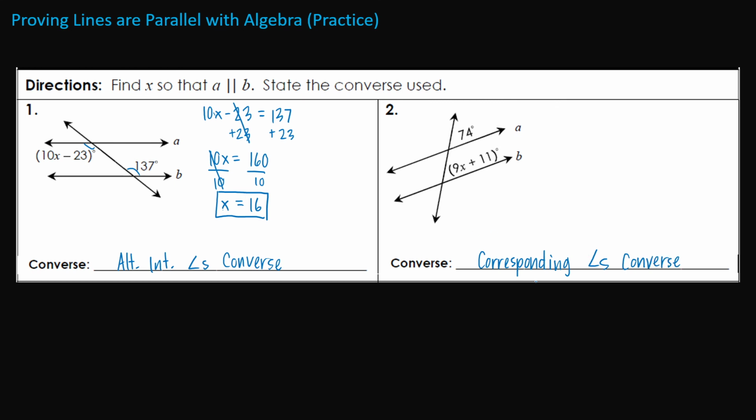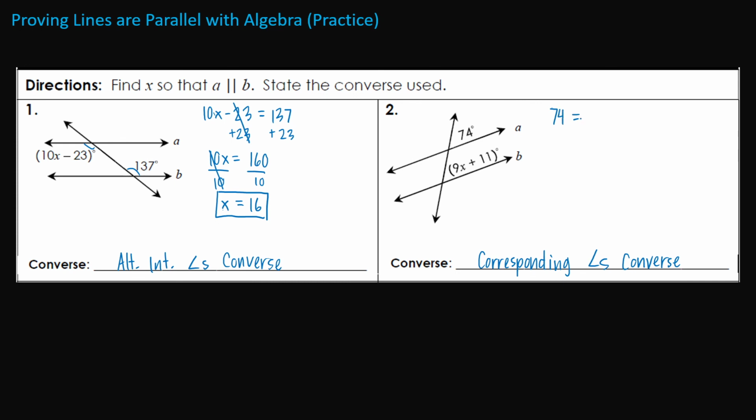The corresponding angles converse states that if two corresponding angles are congruent, then the lines are parallel. So congruence just means same measure. I want these angles to equal each other. So my equation would look something like this.